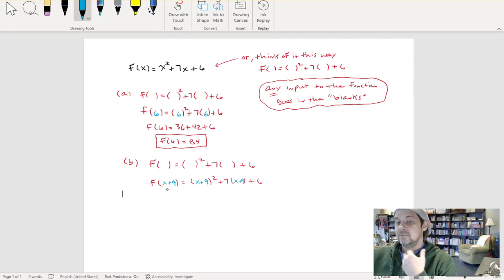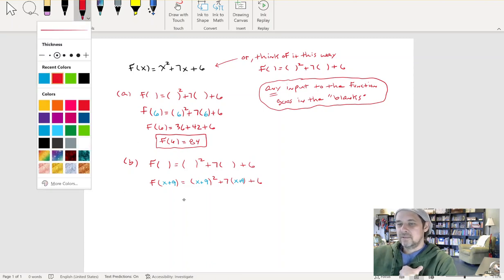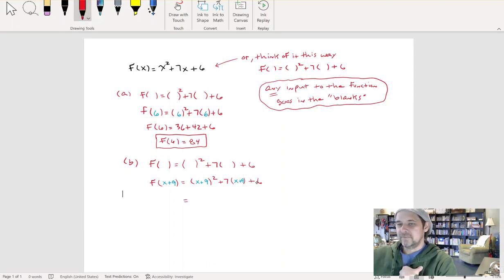The question says, what happens if the input's x plus 9? So I write x plus 9 in all the inputs. Now, just like up here, once I do that, it's a matter of doing all the math as far as I can. Just like I can square a 6, I can square x plus 9.